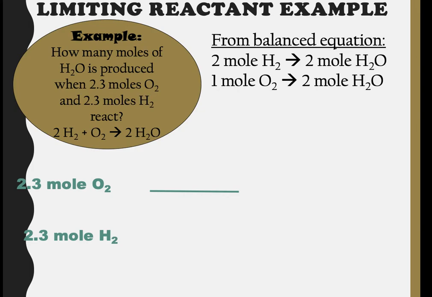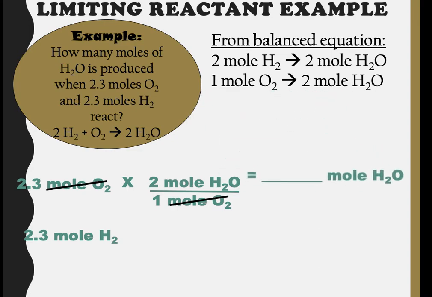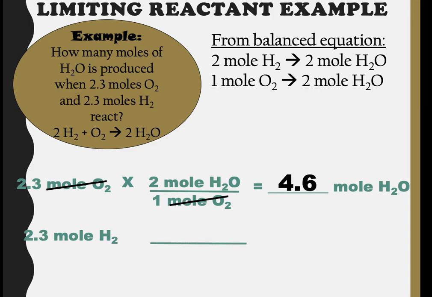So we're going to go through the process of converting 2.3 moles of oxygen into moles of water. And so we need the mole ratio, which is 2:1. So the moles of oxygen go on bottom so that they cancel. And what we find is that with 2.3 moles of oxygen, we can produce 4.6 moles of water.